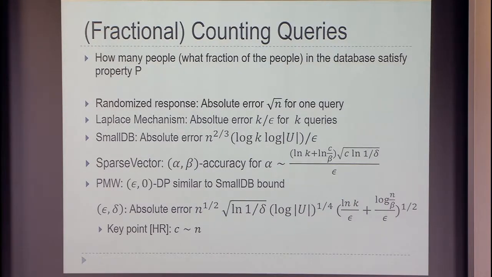And the key point, and what Hart and Rothblum show, is that the number of updates, the number of significant queries, looks only like n. And so that square root of c becomes a square root of n, and that shows up there.